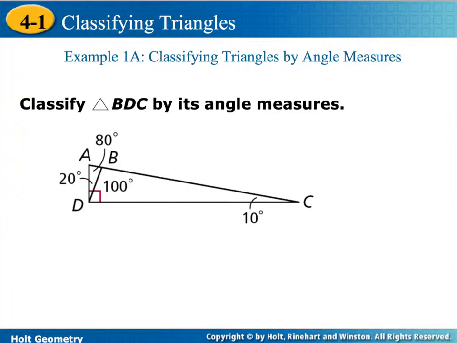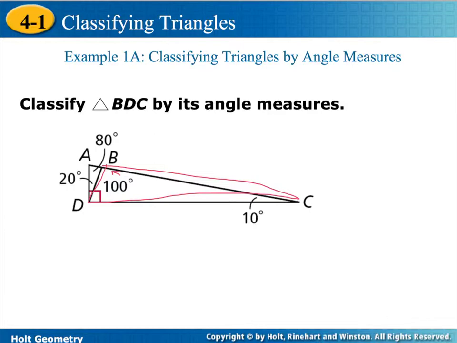So if I look at this triangle, actually there's several triangles here. You don't have to write this down. I'm just going to go over it. I'm going to look at BDC. If I look at BDC, I'm looking at angle measures. That 100 right there, this 10 is right on the inside, and the last one, well, it doesn't give us it.